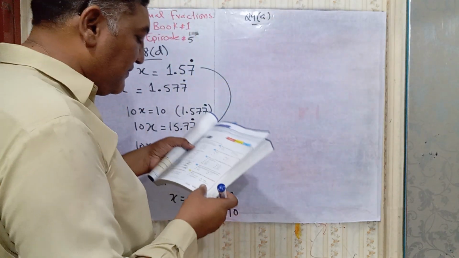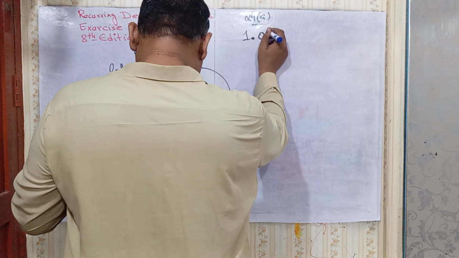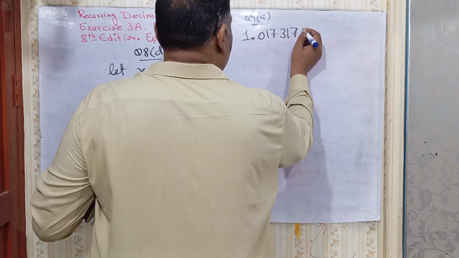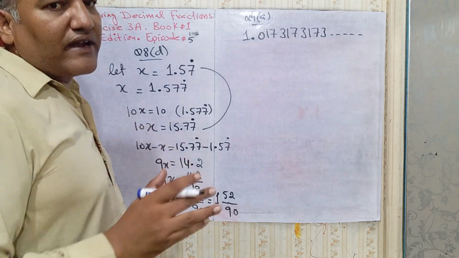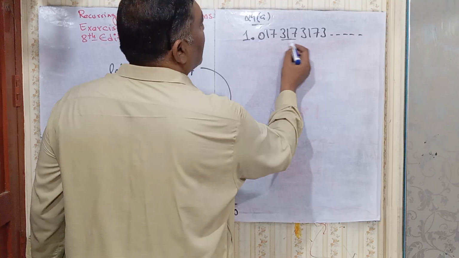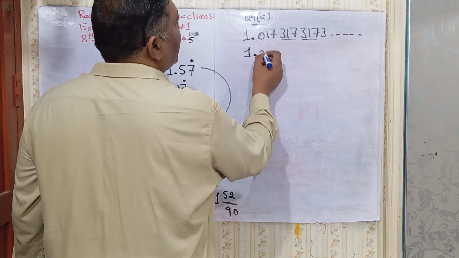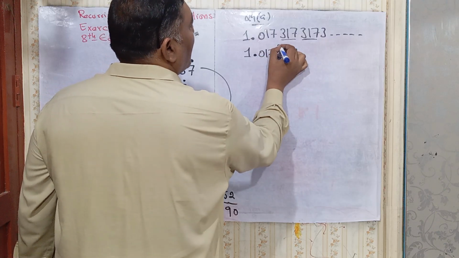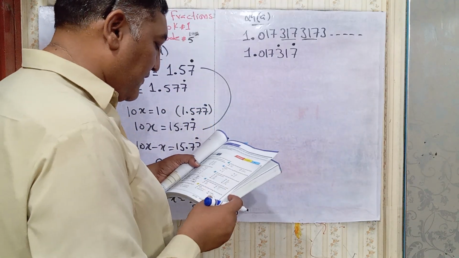Here a recurring decimal fraction is given, which is 1.017317 dot. And you have to recognize which pattern is being repeated. And you can see this pattern is repeating. So I can write it 1.017317 because this pattern is repeating from here till here. So this is how you will write this.